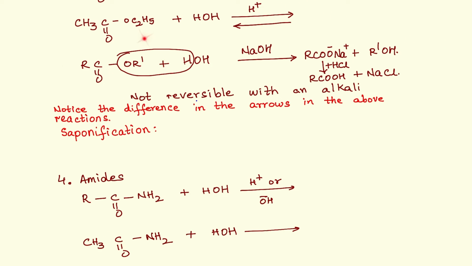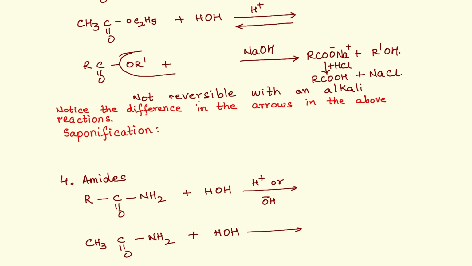When you carry out this particular reaction, that means reaction of esters with alkali, let me modify this and write NaOH over here. Now, that gives me the sodium salt of a fatty acid.